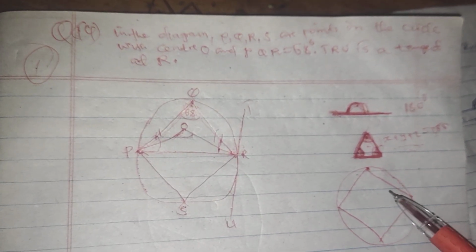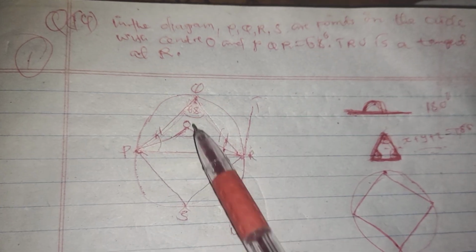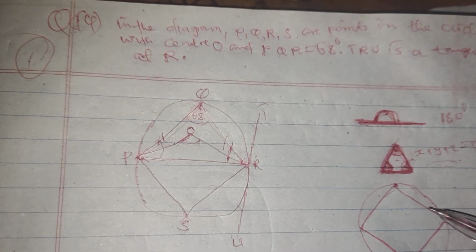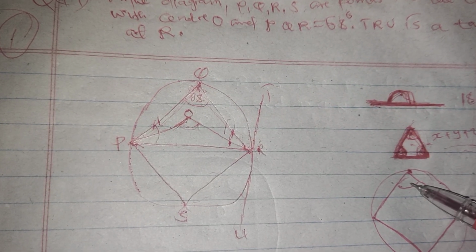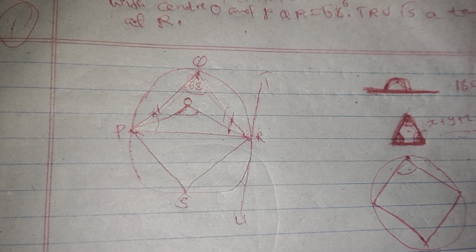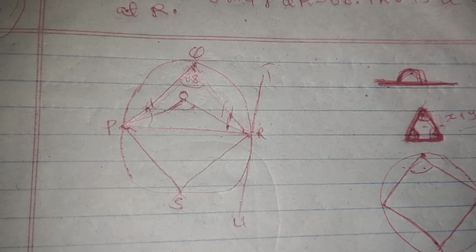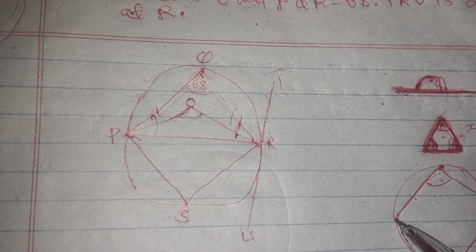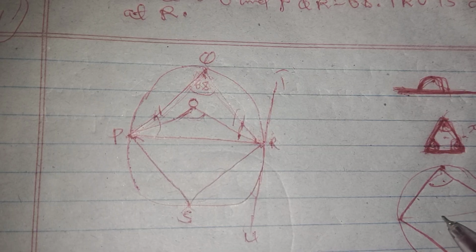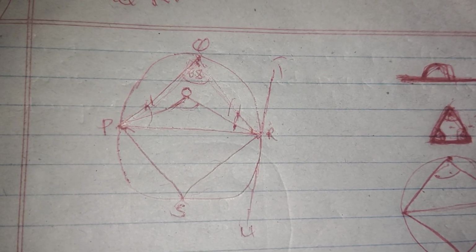As I have drawn, this is the quadrilateral that I'm drawing here. A quadrilateral adds up to 360 degrees. Since this is a quadrilateral here, when we put the chord here, this chord divides the circle.